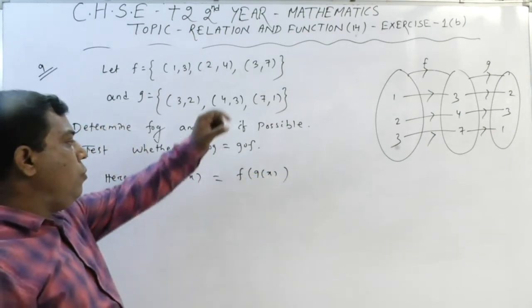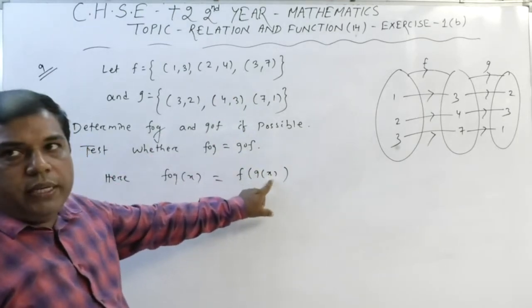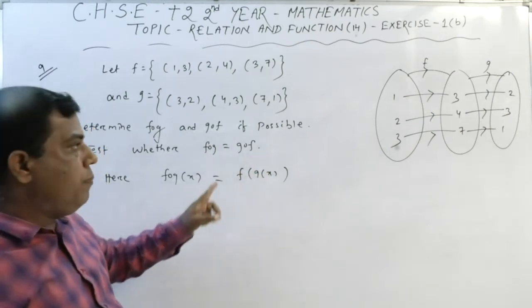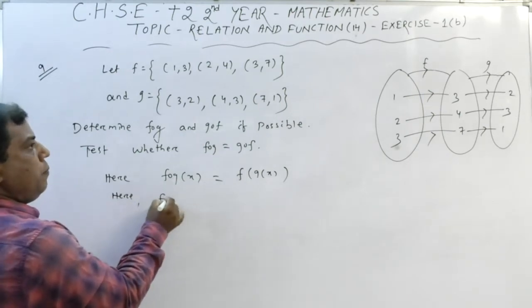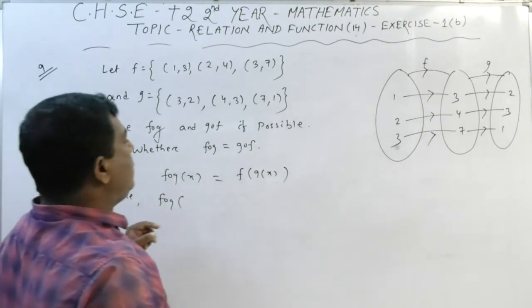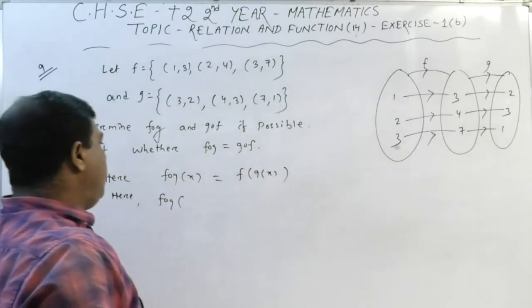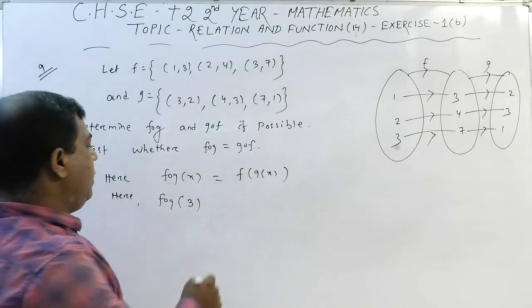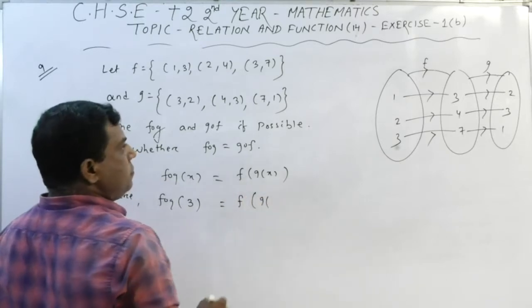First of all we go for the elements of g. We find g of x, and that range value behaves like an element of f. Since fog is applied, we apply it on the elements of g. Initially it is applied on 3, so it is evaluated as f of g of 3.